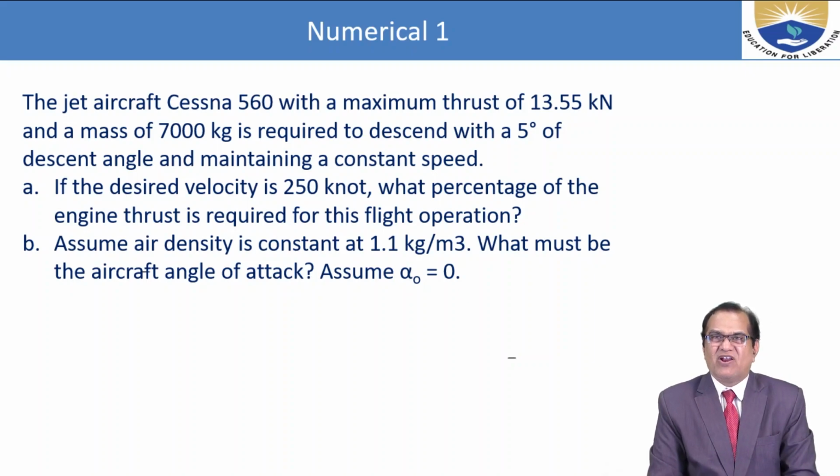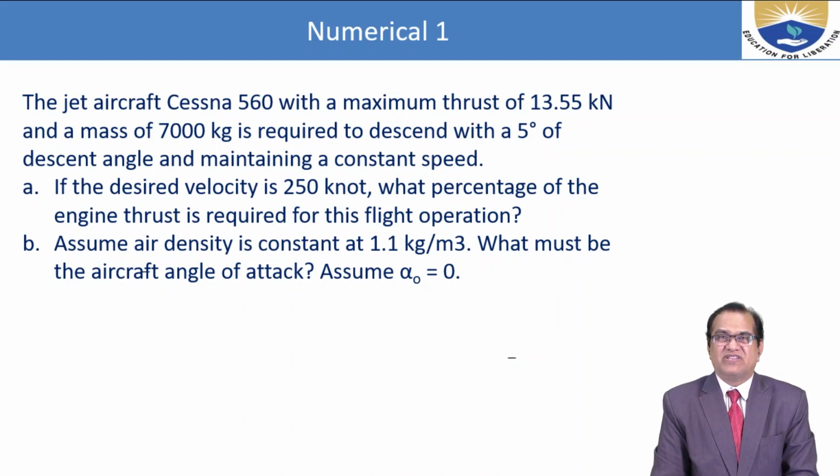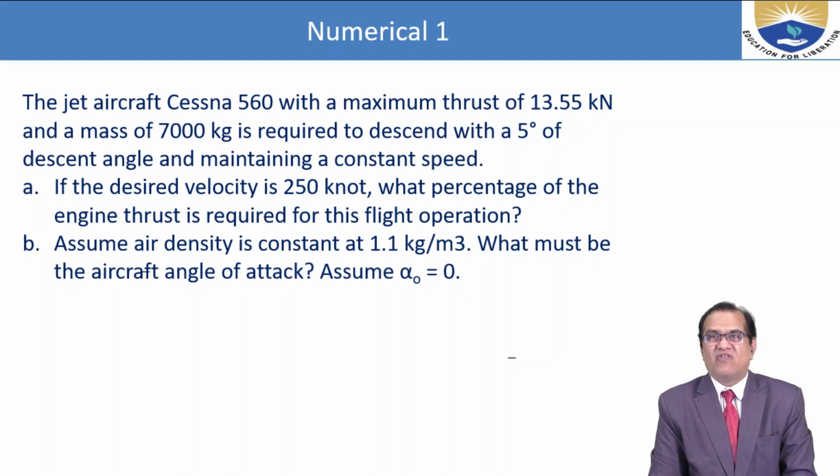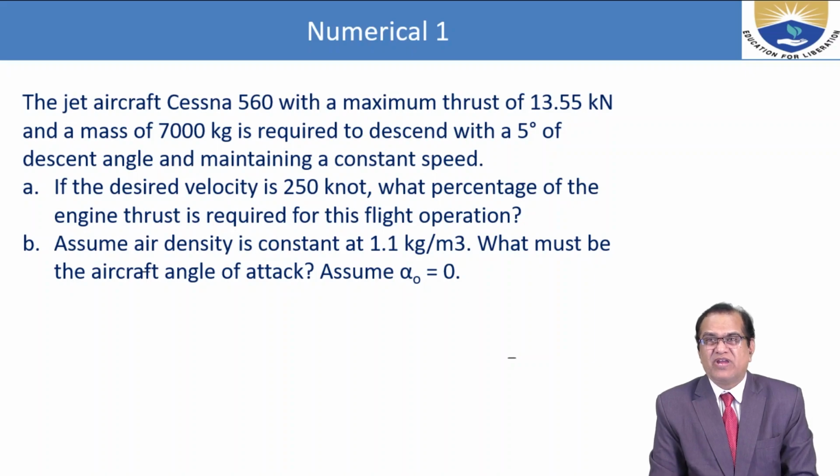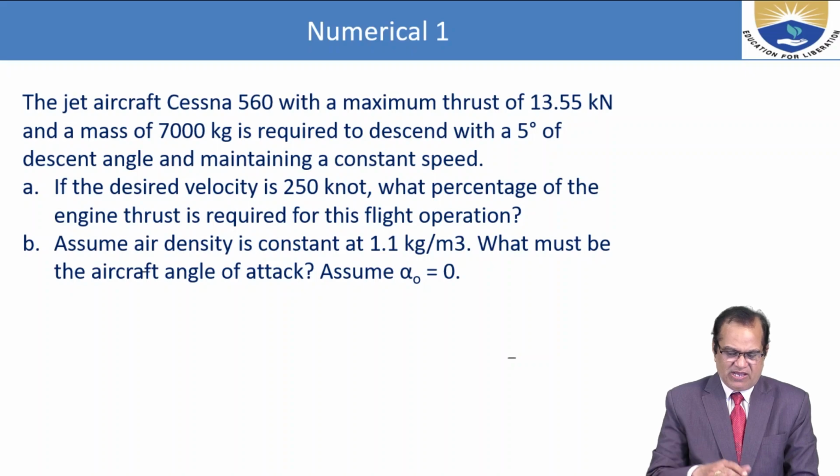If the desired velocity is 250 knots, what percentage of the engine thrust is required for this flight? First we have to find out how much thrust is required. Now the second case: if the air density is constant at 1.1 kg per meter cube, what must be the aircraft angle of attack? So alpha also we have to find out when the density remains constant.